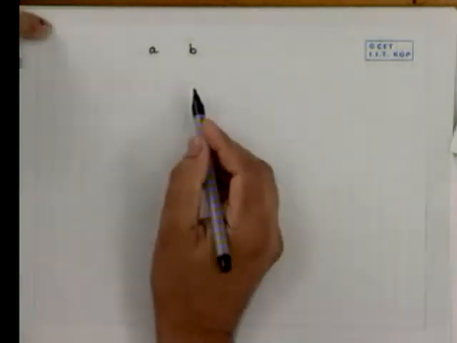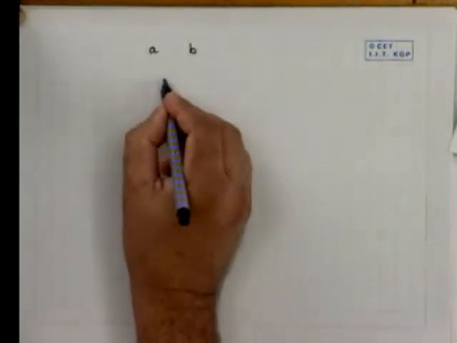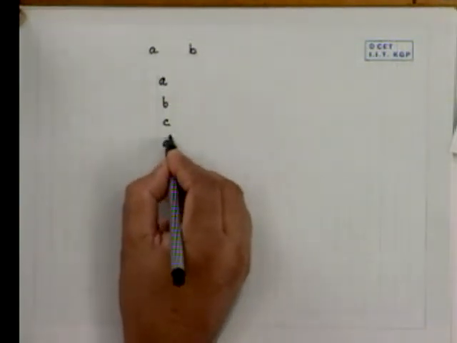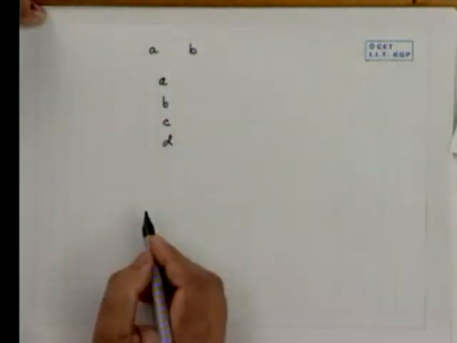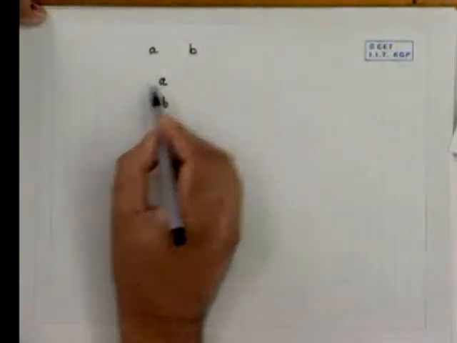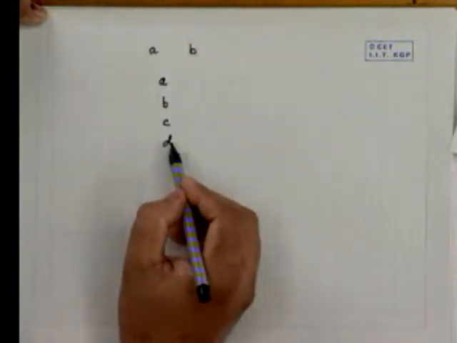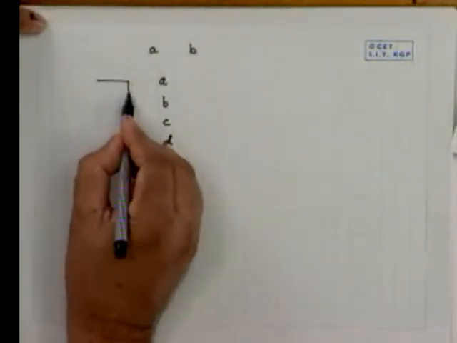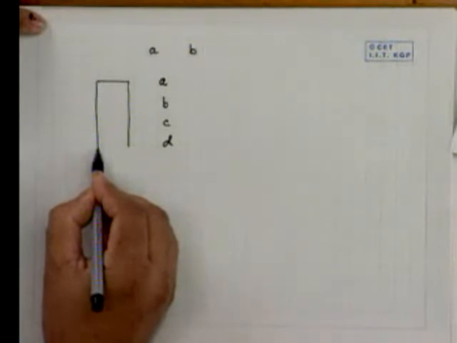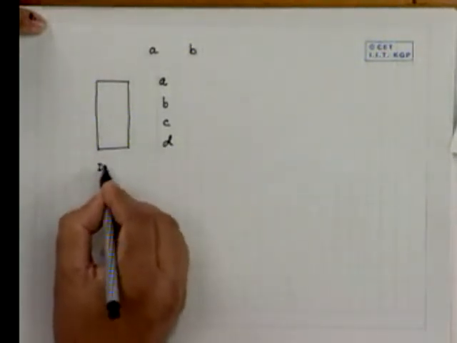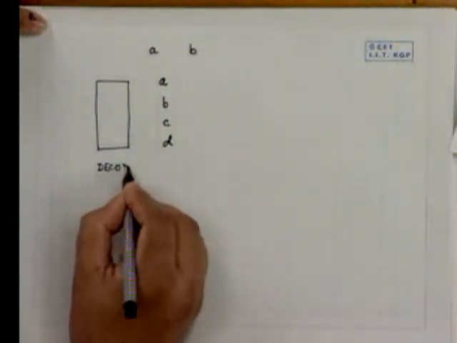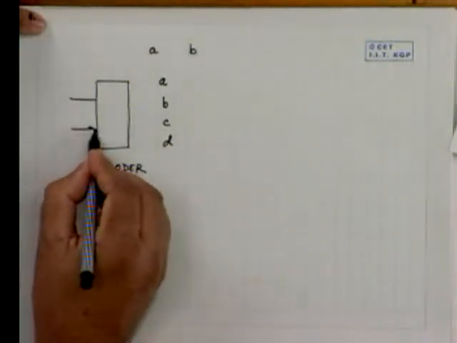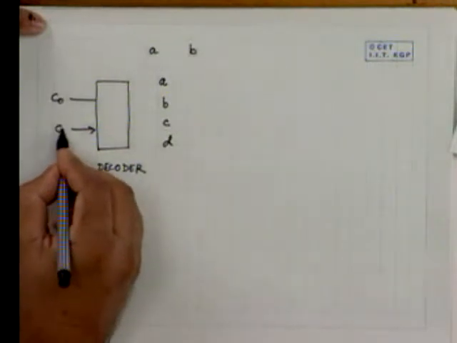Now, if that be the situation, say I have four such control points A, B, C, D which are mutually exclusive, then to code them, only 2 bits are sufficient. What we'll be needing is, once more, a decoder, where we put two control bits, say C0 and C1.